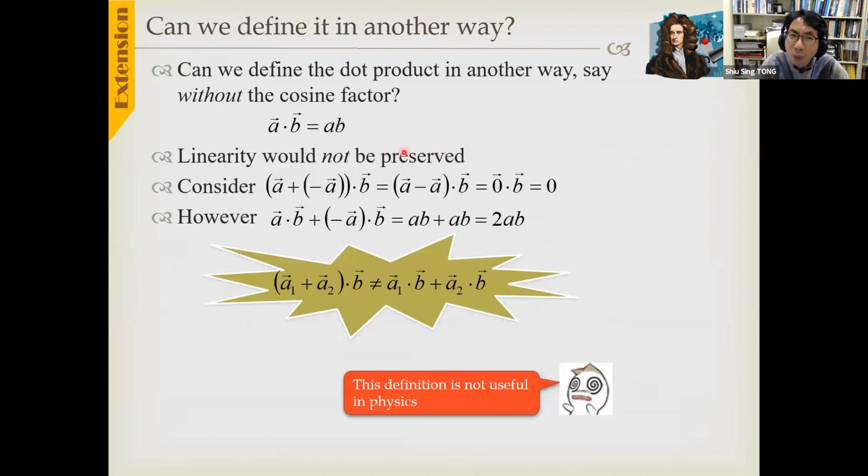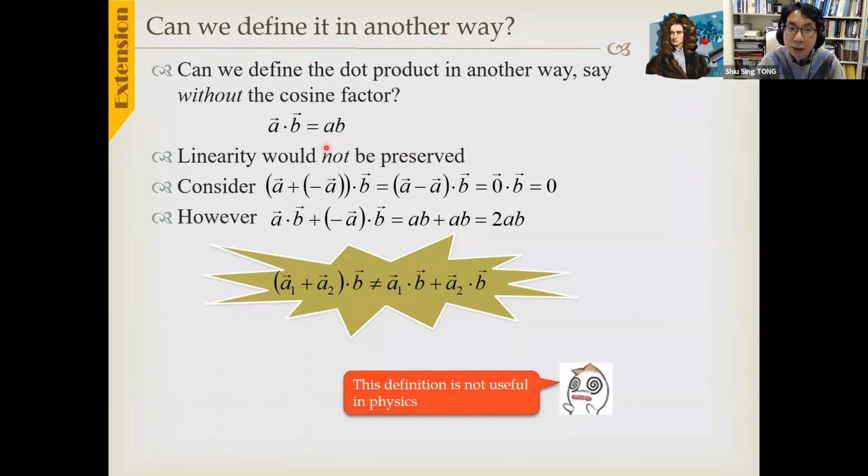Some people say, why don't we define the dot product just by the product of the magnitudes? Suppose we define A dot B as the product of the magnitudes of the two vectors, but without the cosine factor. Why can't we do that? You can do that, but then you will run into difficulty when using algebraic manipulation. Why? Because linearity will not be preserved.